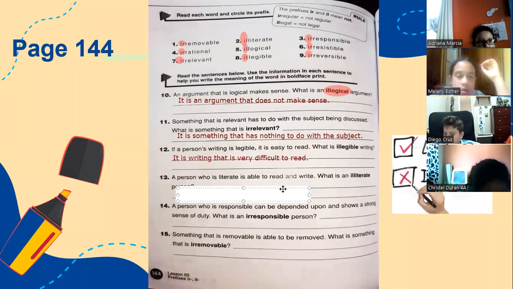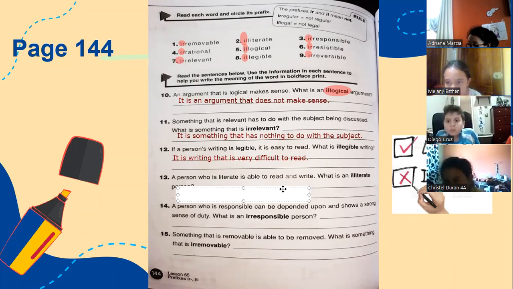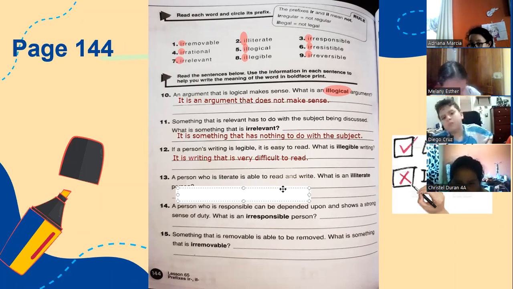Now, number 13, a person who is literate is able to read and write. You are literate. Me, I am literate because I can read and write. But before, not all the children went to school. Well, the girls had to stay at home because they had to help mom to raise the kids, to clean the house, to wash dishes. So women were not able to attend school. They didn't learn to write and read. Before, people considered it was not necessary for a woman to read and write.